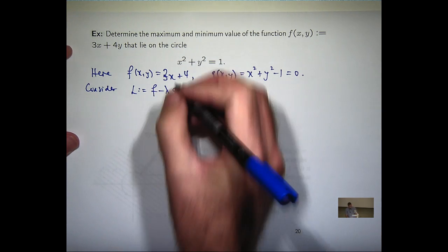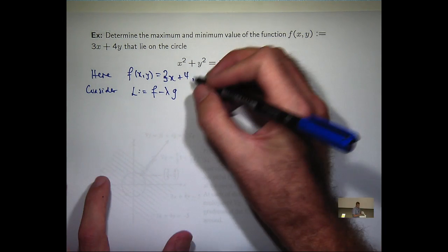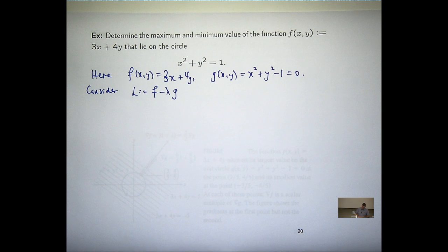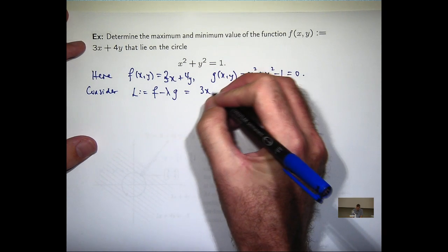F minus lambda g, where this lambda is just known as a Lagrange multiplier, it's just some number. Oh, for y. Yep, thank you. So given that f and g, let's just write it down.